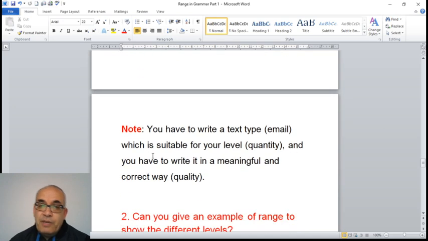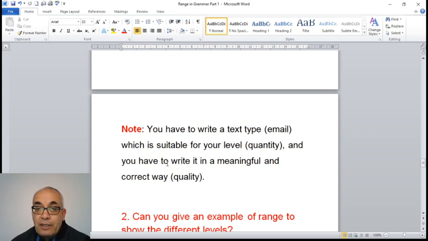Note, this is a very important note for you. You have to write a text type, such as an email, which is suitable for your level. And this is what we call quantity. Quantity is how much you write, and what you write is suitable for your level.